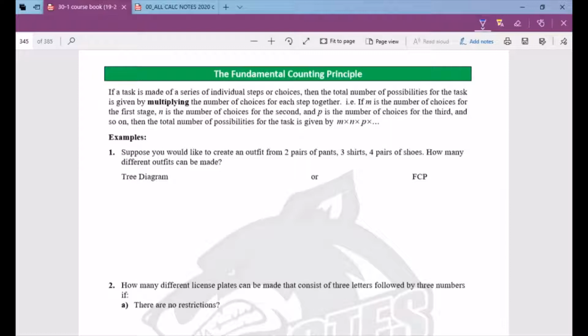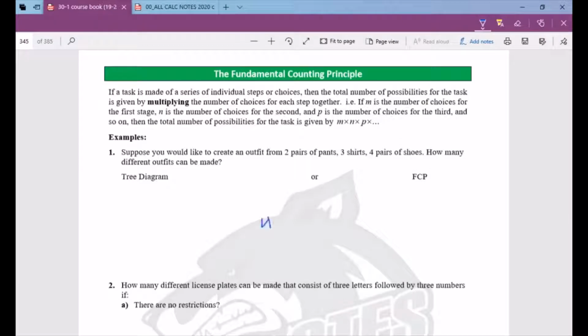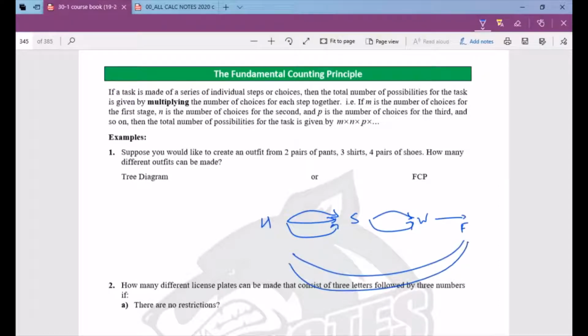And so if you have these individual steps that you can take, if we take it down to something that ends up being pretty simple, if we look at something like you're at home, if there's 3 different ways that we can get to school, and then from school there's 2 different ways that you could get to work, and work to your friend's house, there's really only just one way, but to get from your friend's house back to home, there's 2 different ways.